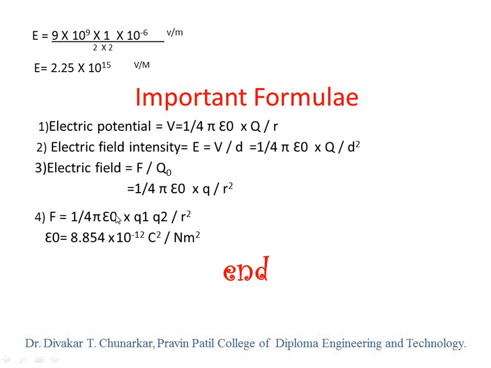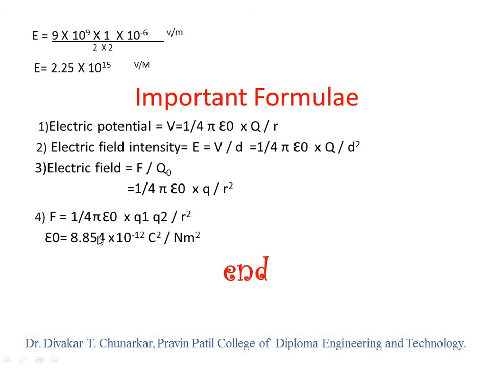Generally the value of epsilon 0 is given in the numerical problem. If it is not given, you have to remember it. The value of epsilon 0, the permittivity of free space, is 8.854 × 10^-12 coulomb square upon newton meter square. Keep in mind, this value is very important.